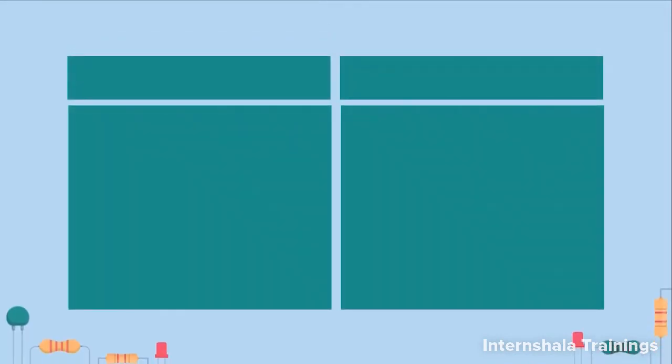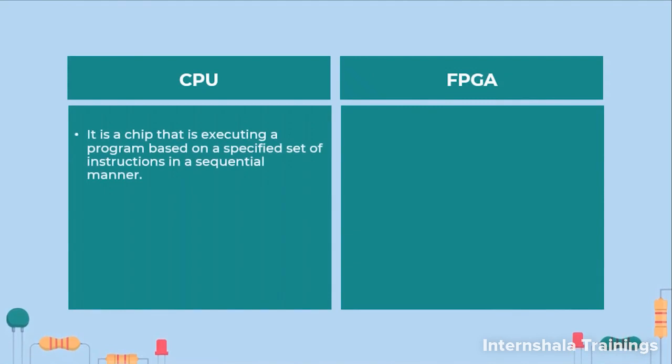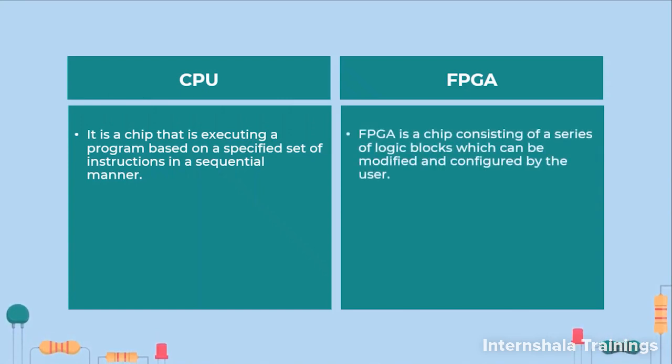So let us understand the difference between a CPU and the FPGA. A CPU is basically a chip which is designed to execute a fixed and specific set of instructions in a sequential manner. On the other hand, FPGA is also a chip, but it is having a series of logic blocks, and we can modify them, reconfigure them, reconnect them as per the requirement.